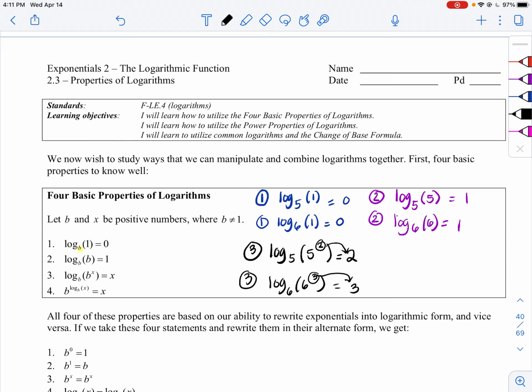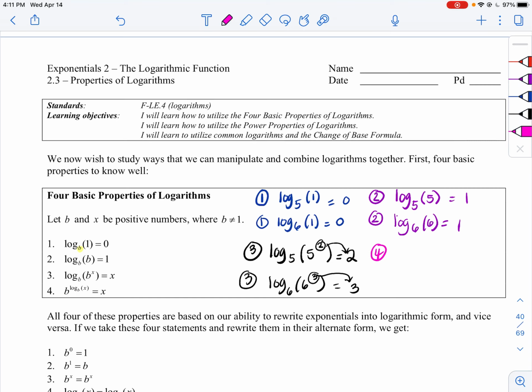Okay, so the last property in this list, let us do property number 4. What does that say? If a certain or random number is raised to a power of log, and take note, this base must match that b over there, when that happens, the answer is just x.